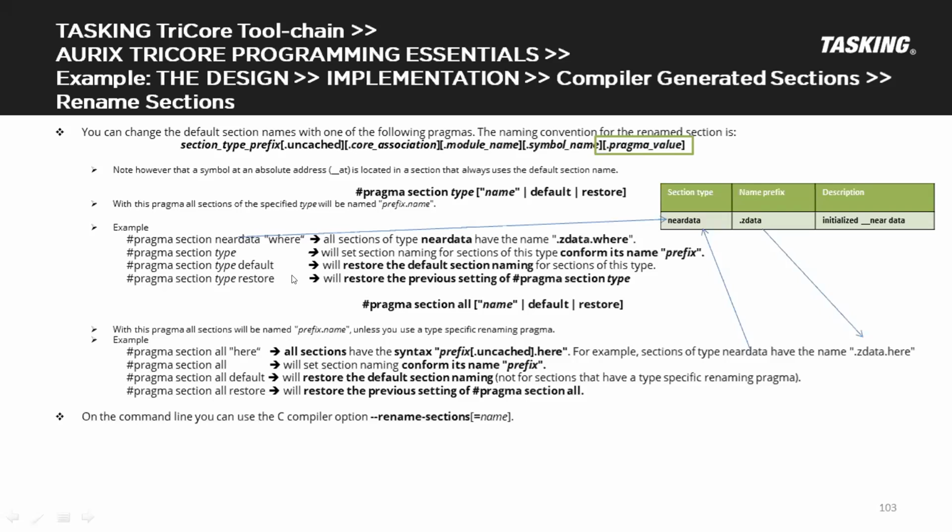And if you put pragma section restore, it will restore the previous settings of the hash pragma section type. So these are the different combinations of this pragma. Here I'm specifying a certain type, and here I am generalizing it to all the sections that exist.